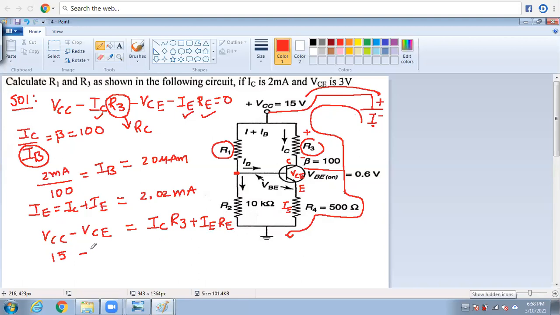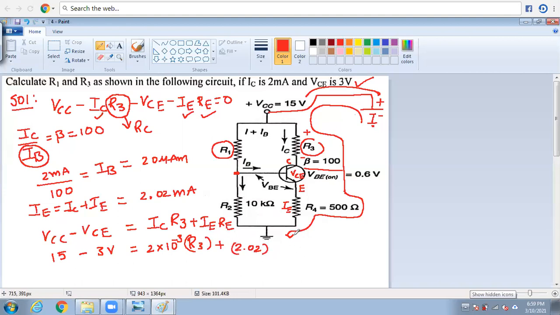VCE is given by the examiner as 3 volts. IC is also given as 2 milliamperes, 2 into 10 to the power of minus 3, times R3, which we have to find out, plus IE, which is 2.02 milliamperes, into RE.